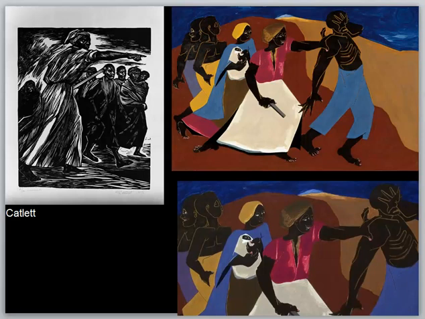She really has Harriet forcefully pointing to the future and aggressively leading everybody on. She's also given a very prominent position to a mother and child who is located under Harriet's arm in the right section of Catlett's print.